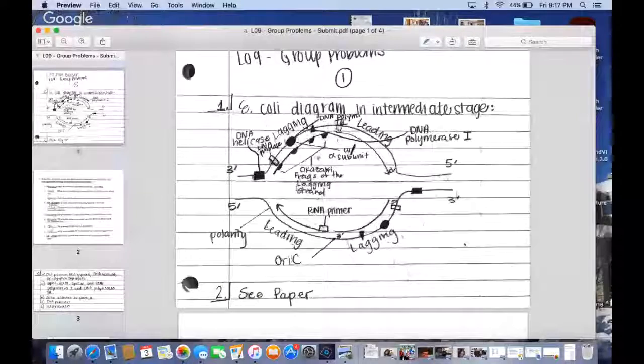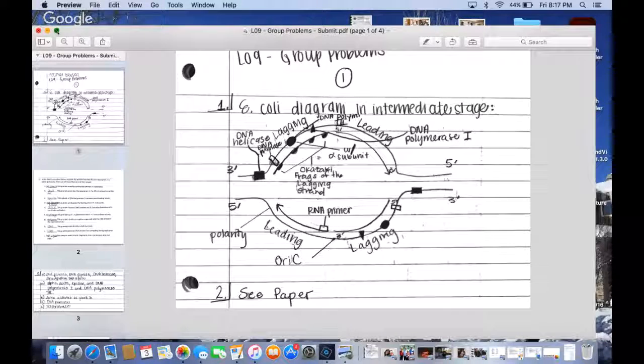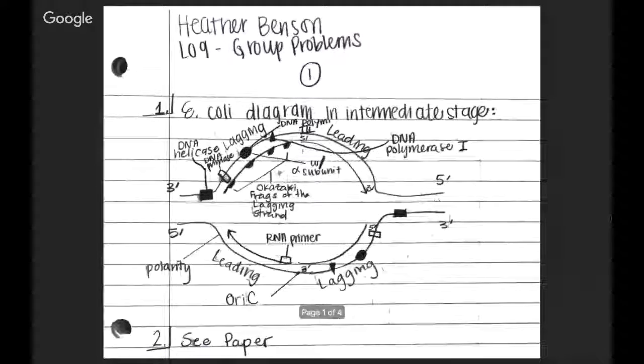So for number 1, it asks about drawing a diagram of an intermediate stage of DNA replication in the bacterium E. coli. And it asks to include several different things, so I'll just go through that. So we have the DNA replication happening here.